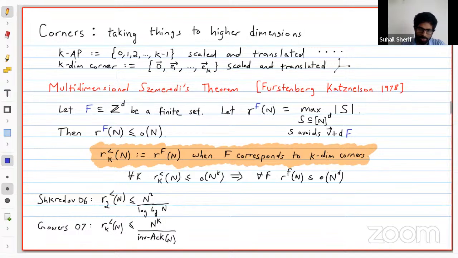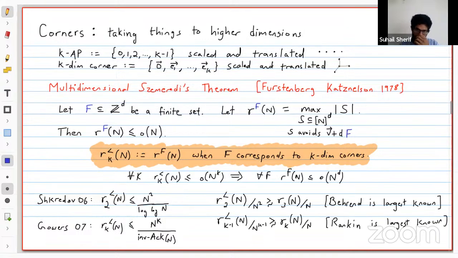Despite that, what we know about large corner-free sets is basically what we know about large arithmetic progression-free sets. I'm just using this as a proxy for coloring. The corner-free set that you get from Behrend's 3-AP-free set is essentially the best that was known.